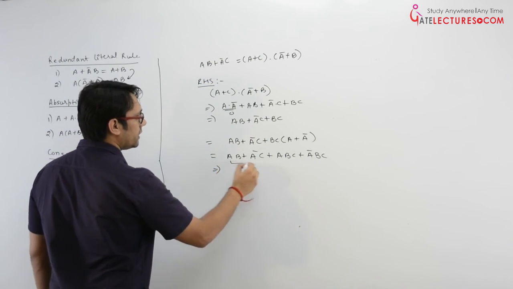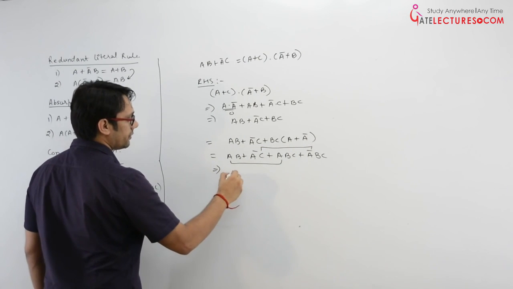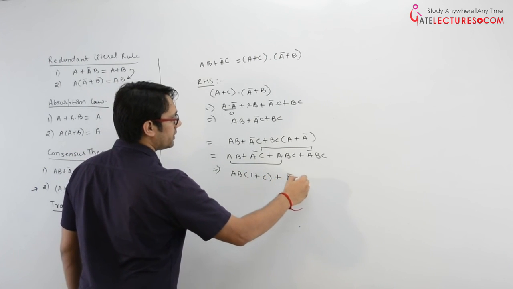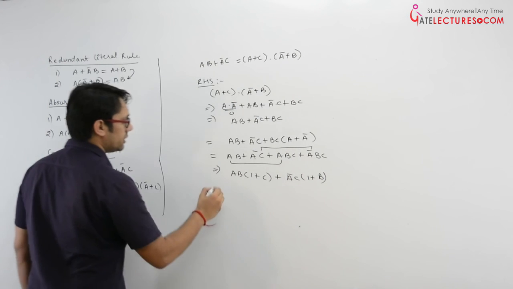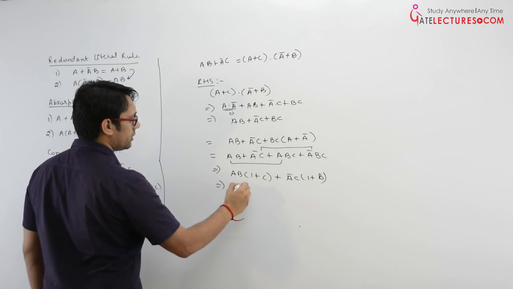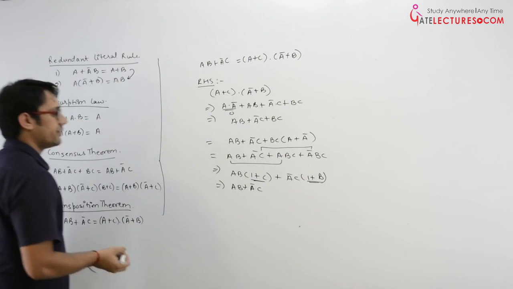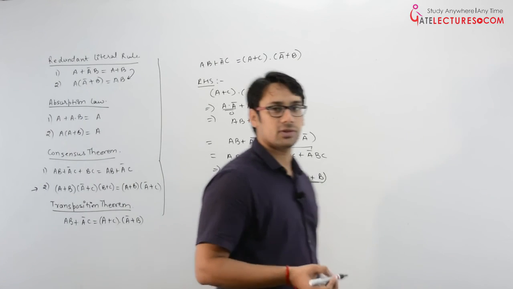So you can take AB as common between these two and A'C as common between these two. So it will be AB(1 + C) + A'C(1 + B). So it can be written as AB + A'C. As you can see, this can be written as 1 and this can be written as 1. So it is very easy to understand. Fine. So now let us try to prove more theorems in this case.